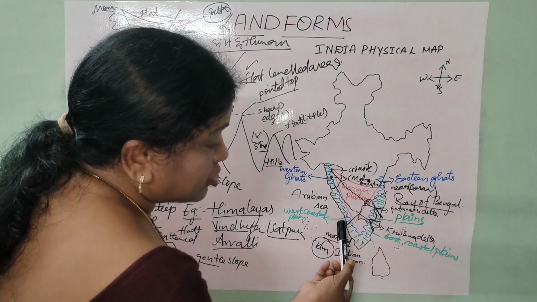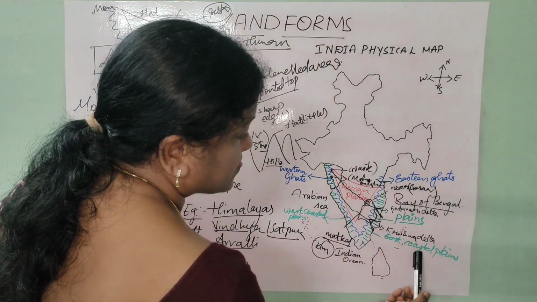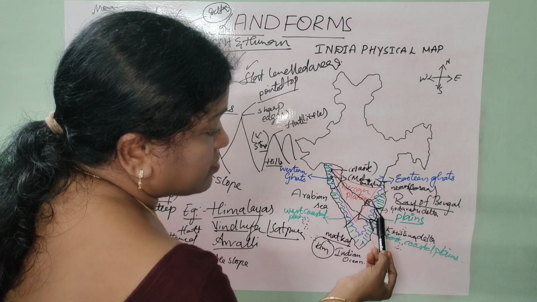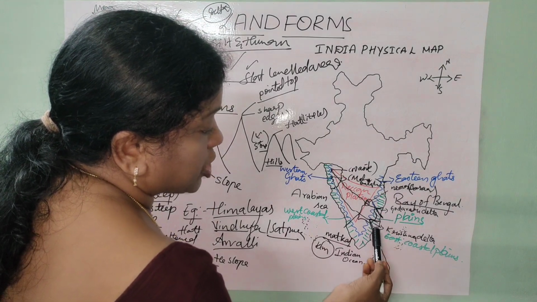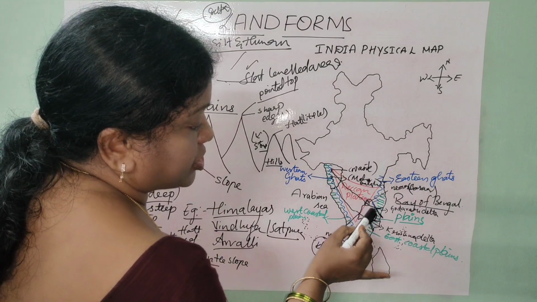And again, I tried to show the plains with the green color as west coastal plains and east coastal plains. And even I tried to show you the delta regions forming in triangular shape with the black color, of rivers like Godavari and Krishna.